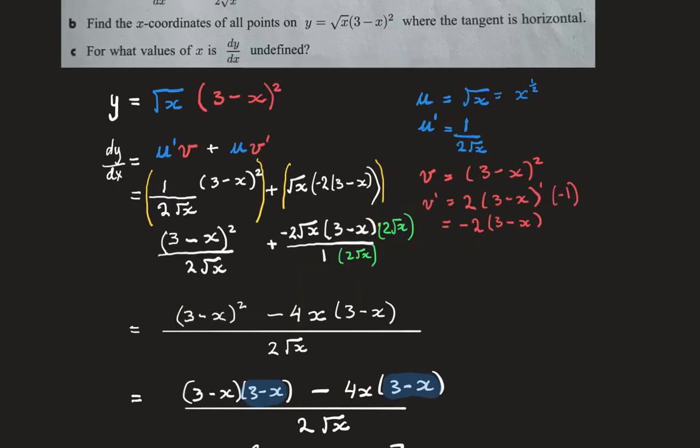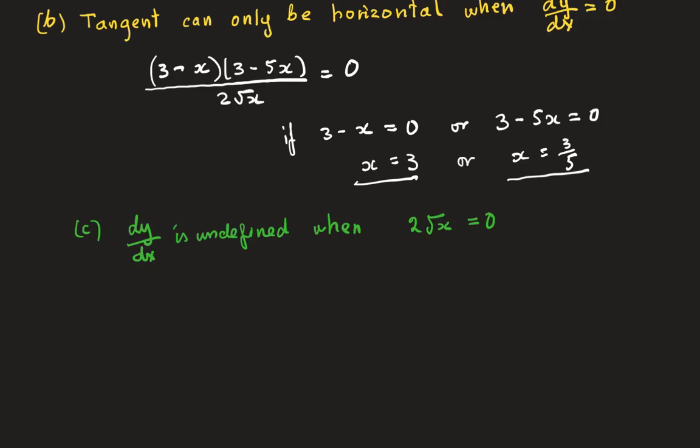The last question: for what values of x is dy/dx undefined? dy/dx will always be undefined when the denominator, which happens to be 2 root x, is equal to 0. That will mean that x is equal to 0.